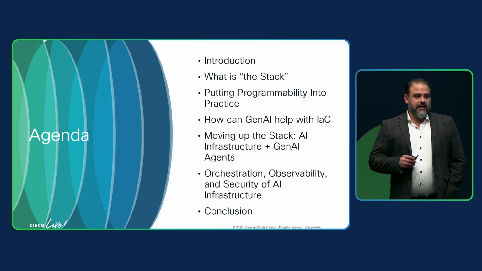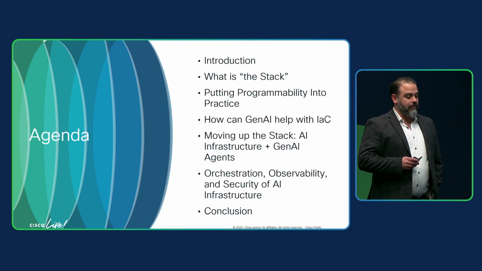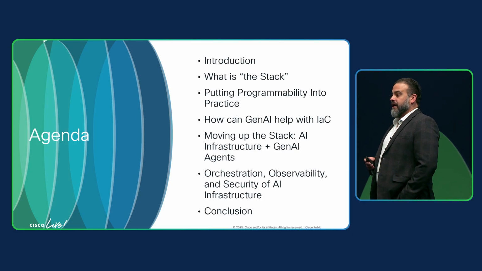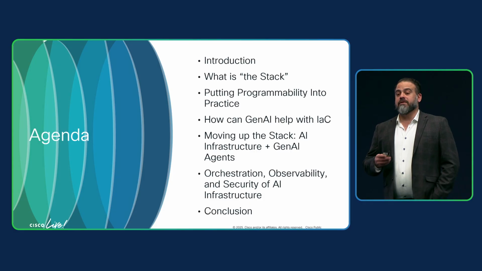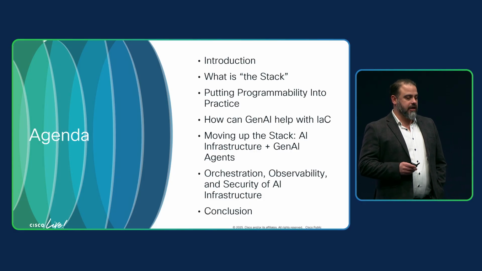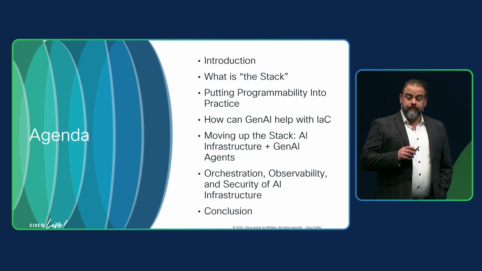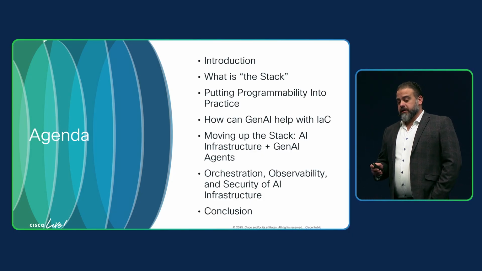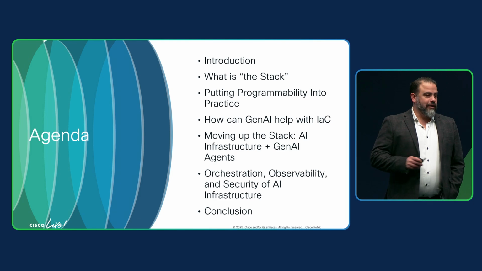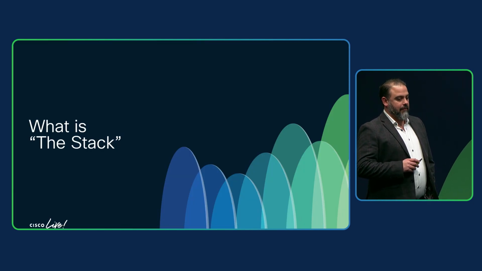Shannon will then jump on stage. He's going to move up the stack and talk about AI infrastructure and how we can leverage agents within our infrastructure and help us deploy applications and monitor applications. We're also going to look at opportunities within orchestration and observability and securing the AI infrastructure. So let's not waste any more time and get started.